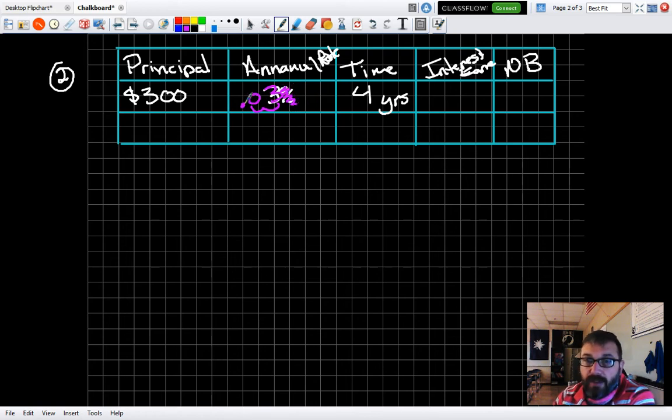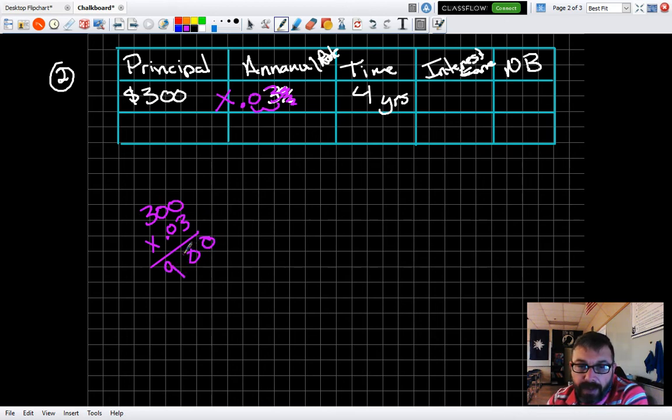So this is 0.03 that I need to multiply it by, and this is just multiplication. If I wanted 1 year, I'm just going to multiply it. So let's just figure out 1 year for now. 0.03. 3 times 0 is 0. 3 times 0 is 0. 3 times 3 is 9. I stole 2. I have to give back 2.